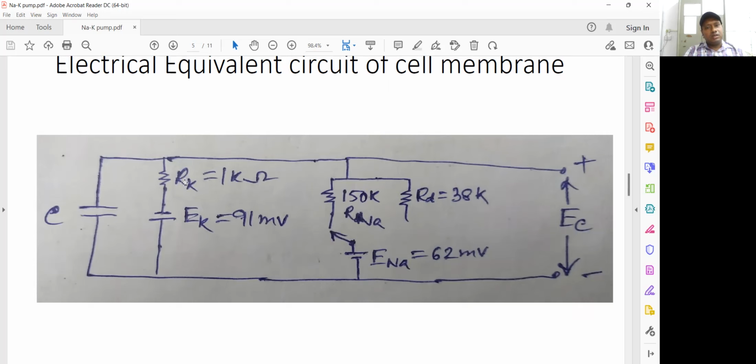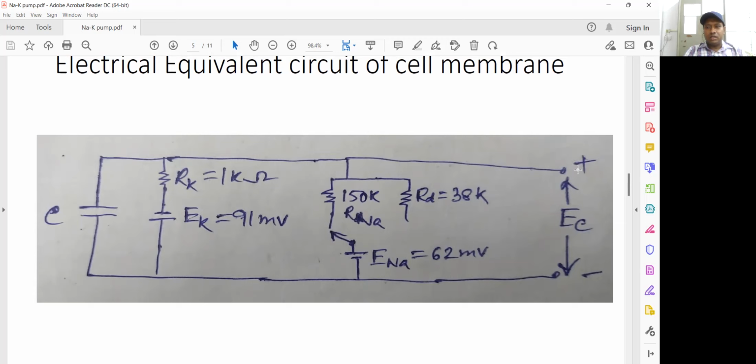RK is the resistance, which is 1 kilo ohm. EK is a battery arrangement, a DC power source, of 91 millivolt. Similarly, there is RNA, whose value is 150 kilo ohm, RD is 38 kilo ohm, and ENA is another DC power source whose value is 62 millivolt.